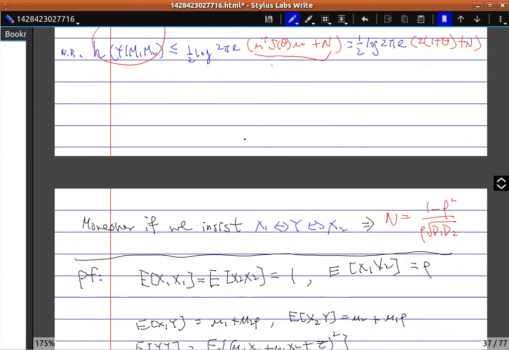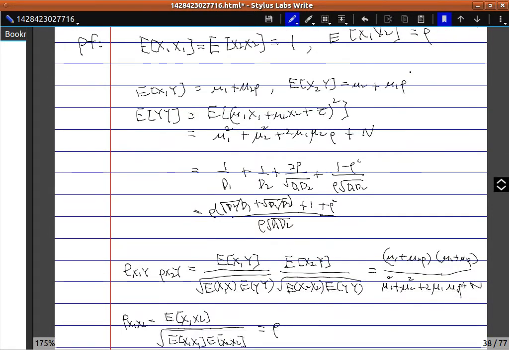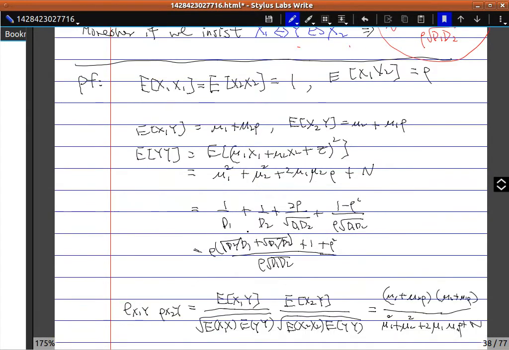If we further constrain something, that if we insist that we have a Markov chain, that x1 and x2 are conditionally independent given y, then we can show that M will have a particular form like this. The proof is rather straightforward. Basically, we use a result about conditional independence.